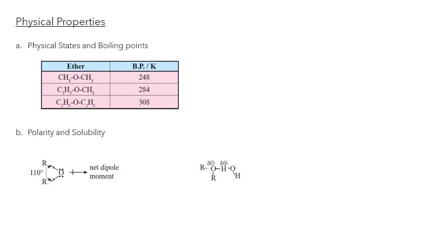Weak polarity of ethers does not affect their boiling points, which are about the same as those of alkanes having comparable molecular mass. Solubility of ethers in water is similar to that of alcohols of comparable molecular mass. This is because ether can form hydrogen bonds with water through the oxygen.